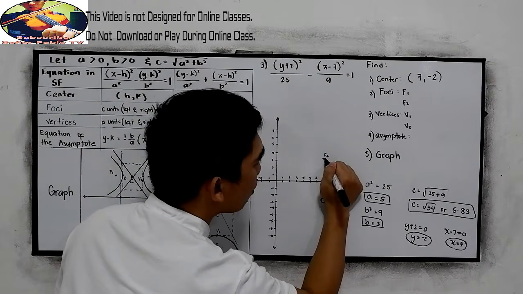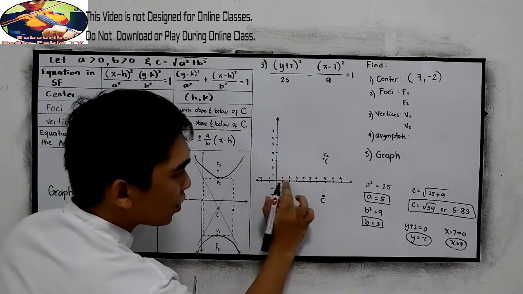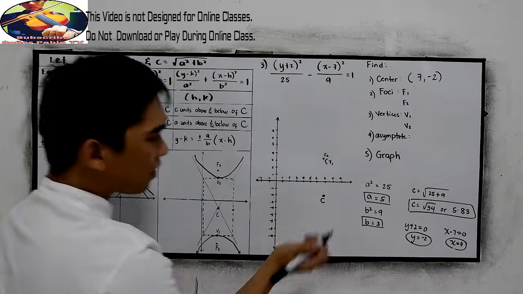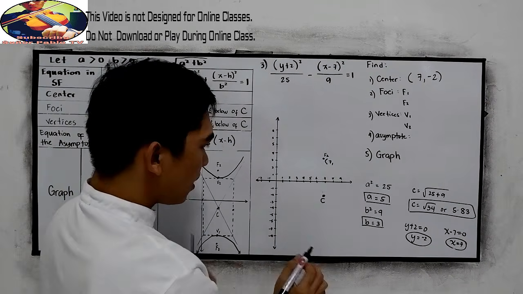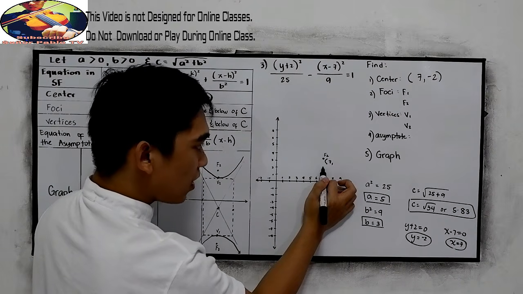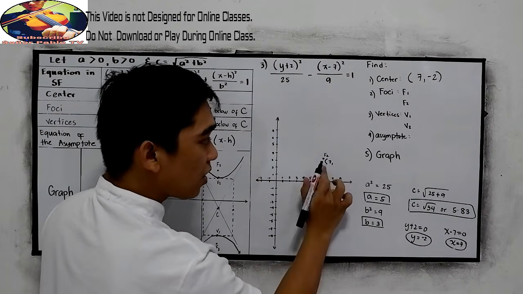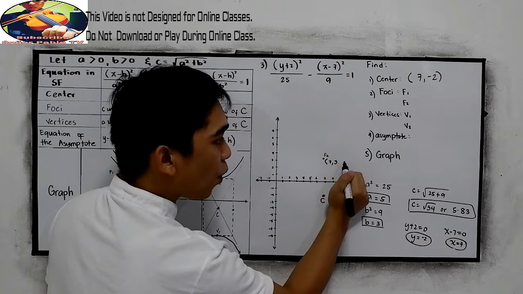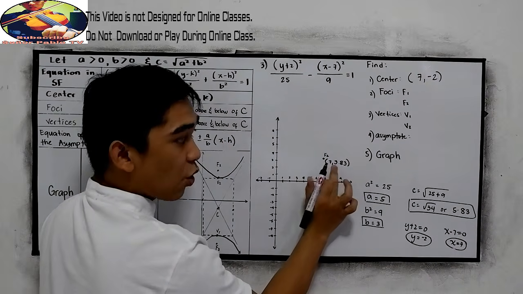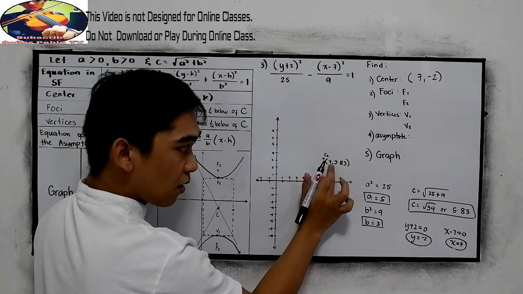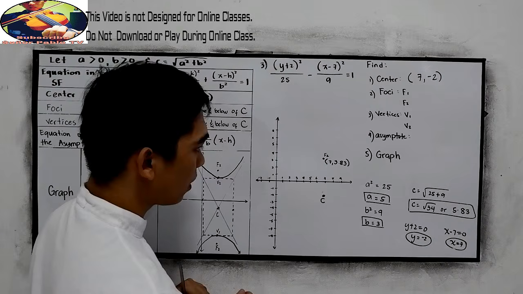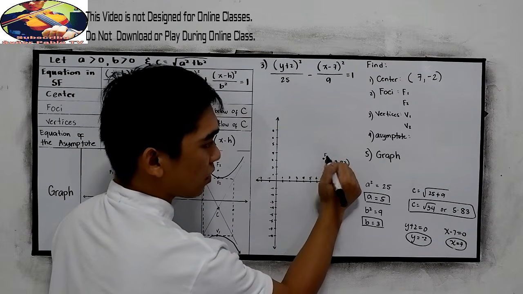Our coordinate now in our f sub 1 is, notice that the x is 7. And for the y, how many units do we have? 1, 2, 3. 3 units, and we have the 0.83. So 3.83. That will be the coordinates of the focus. Actually, we can name this as f sub 1.